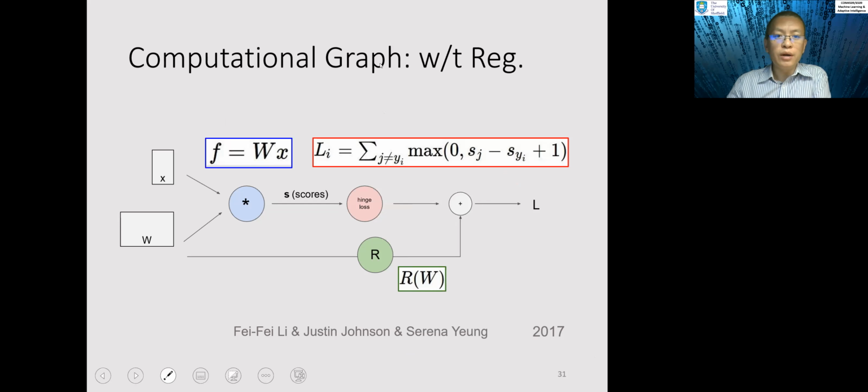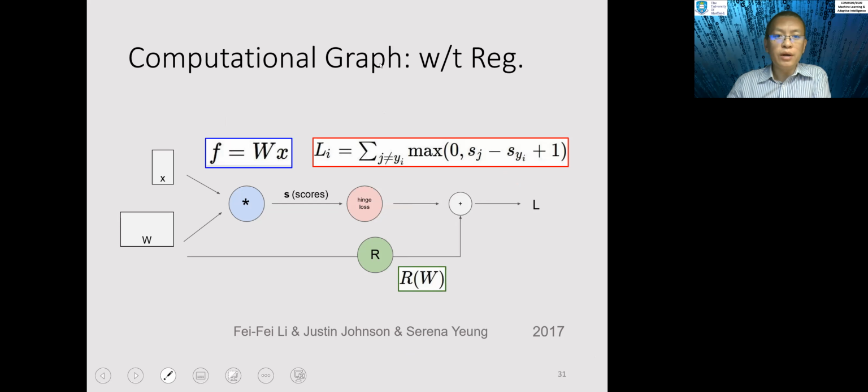But here we use a hinge loss. So this is a loss function in SVM, that is support vector machines.